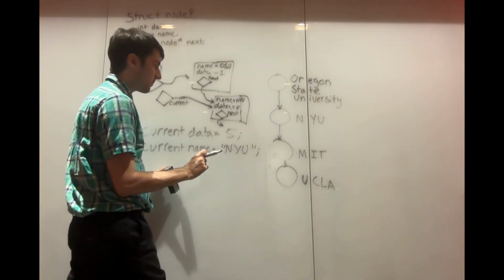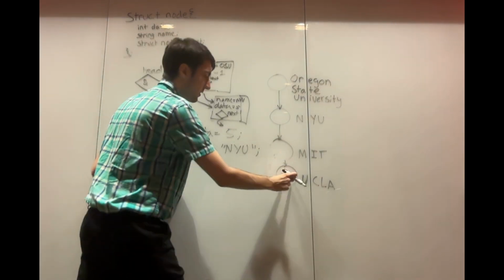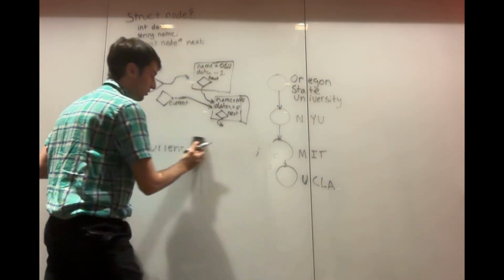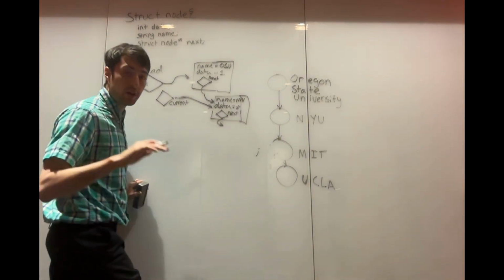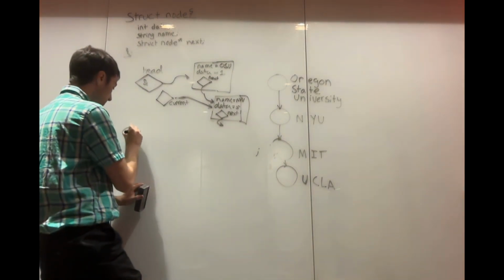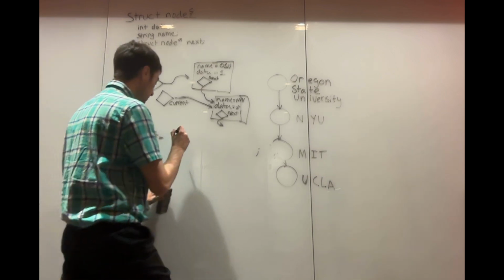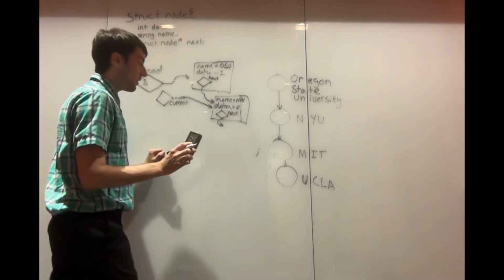Okay, well, we can do the exact same thing for MIT, and we can do the exact same thing for UCLA, right? I'll write this in one line of code. Hold on a second.